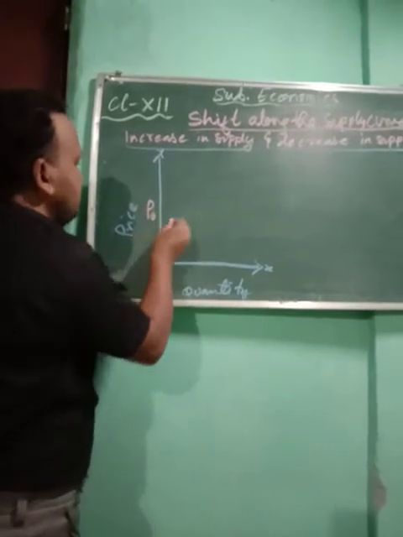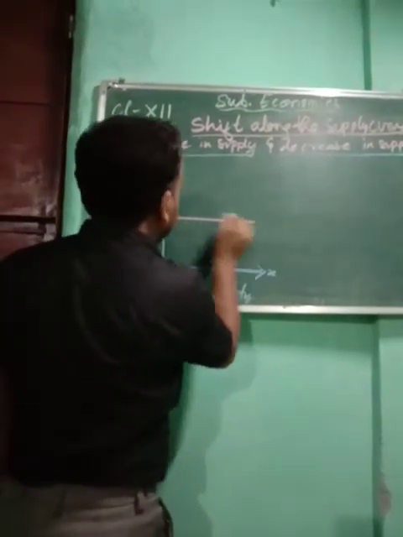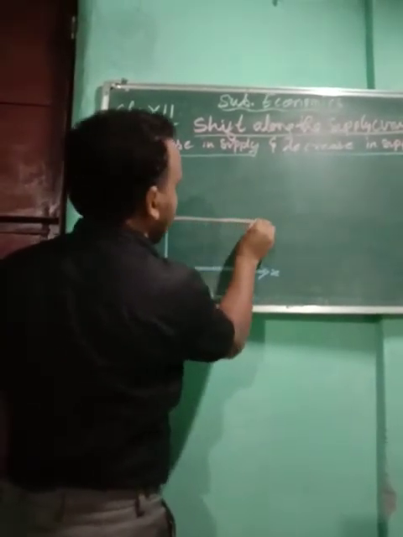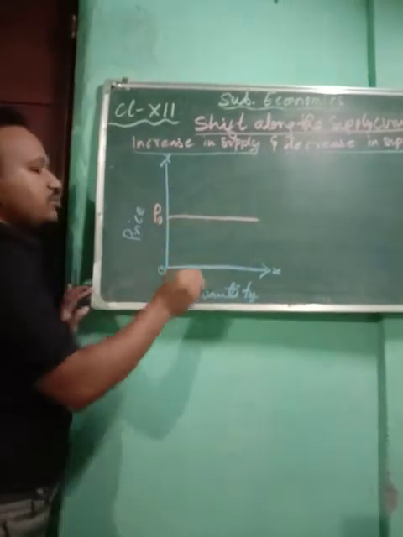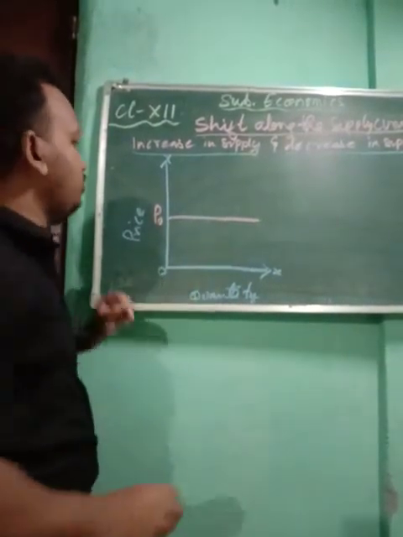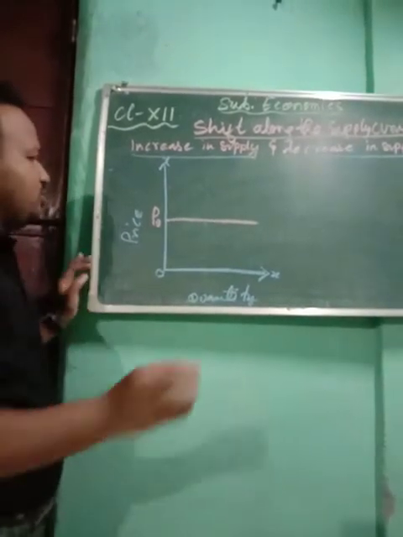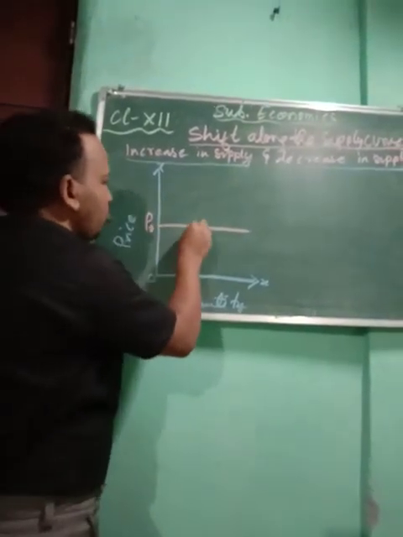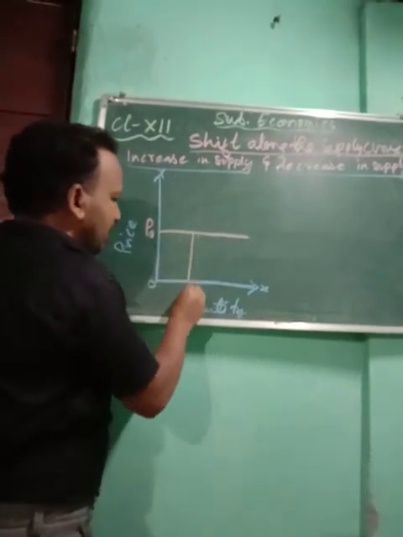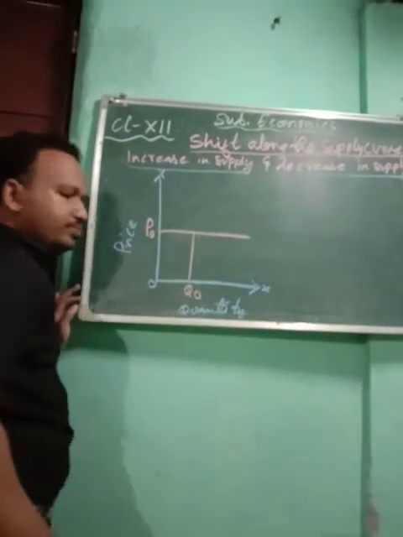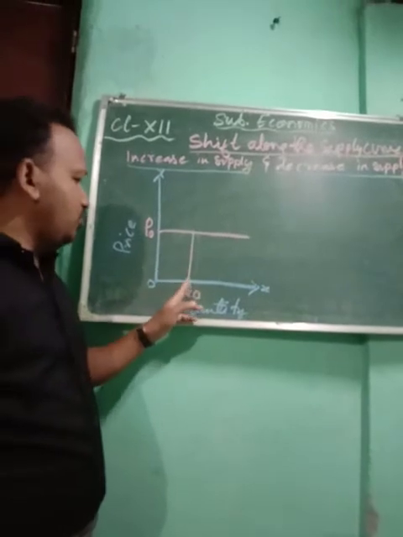Suppose I am taking it as P0, so the price is fixed and will not change; only the quantity is going to change. Suppose when the price was P0, you as a supplier were supplying Q0 quantity.